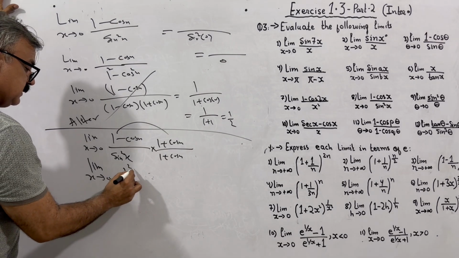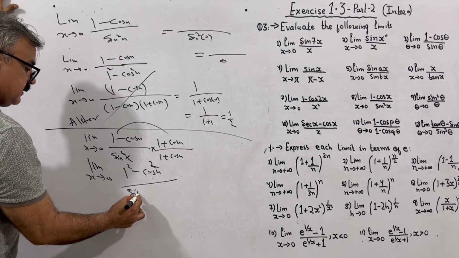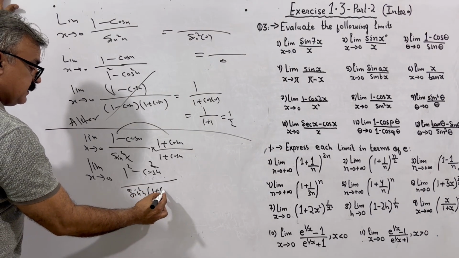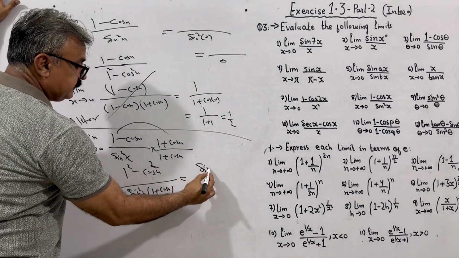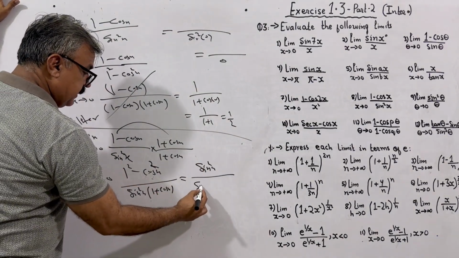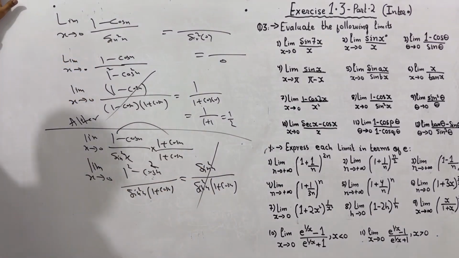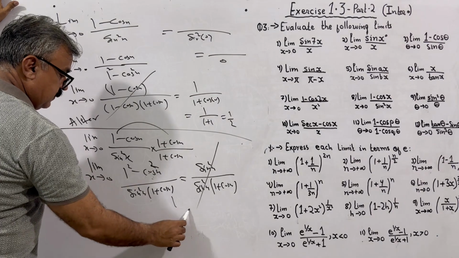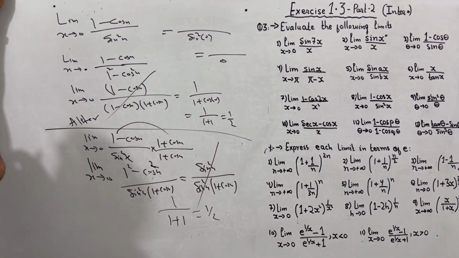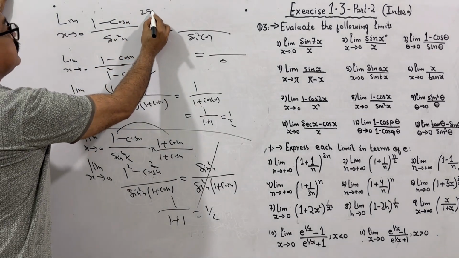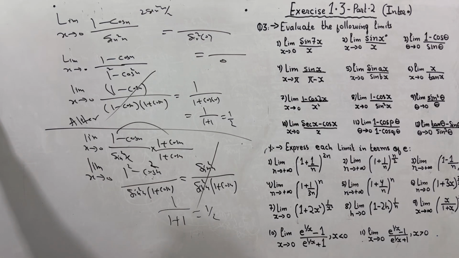So we have 1 square minus cos square overall sin square x times 1 plus cos x. 1 minus cos square is equal to sin square, dividing by sin square times 1 plus cos x, it cancelled out. Cos 0 is 1, 1 over 1 plus 1, 1 upon 2 is our answer. Or one can switch over to the identity 2 sine square x upon 2, and okay, let me try this one as well.